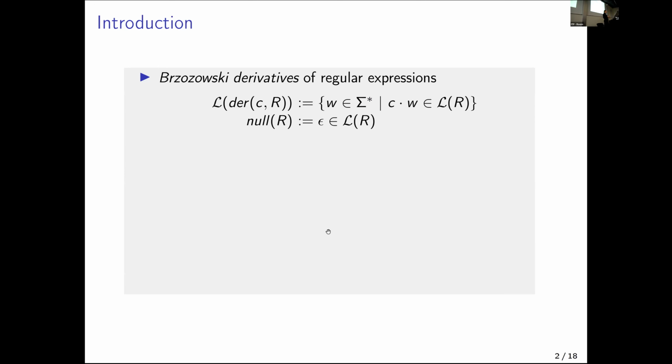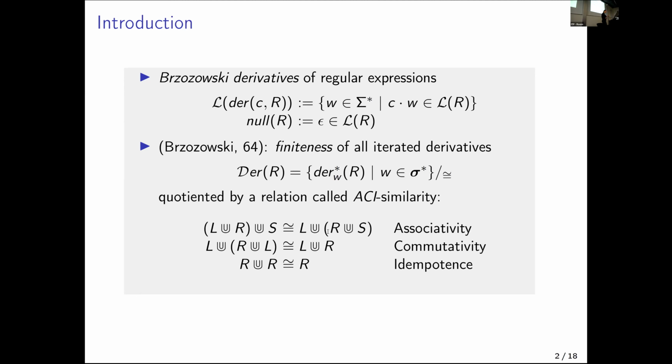And there have been many extensions to this definition, which have been applied in many decision procedures. But today, what we're interested in is the proof of finiteness. So remarkably, Brzozowski himself, back in '64, showed that the set containing all the iterated derivatives is finite, as long as you quotient it by an appropriate relation.